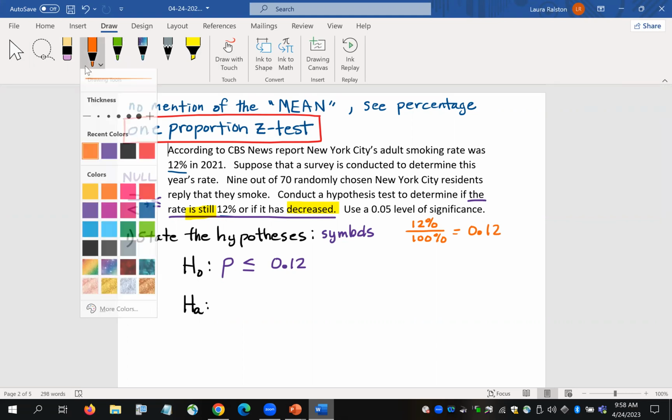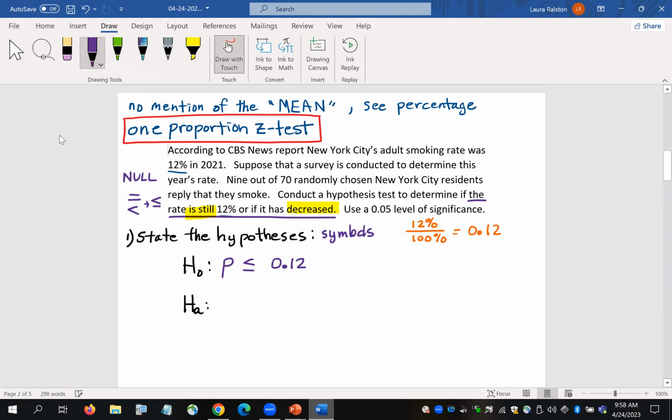That's the hypothesis that is given. I know then that the alternative is the exact opposite. So P would be greater than the 12%. And that comes directly out of the problem.